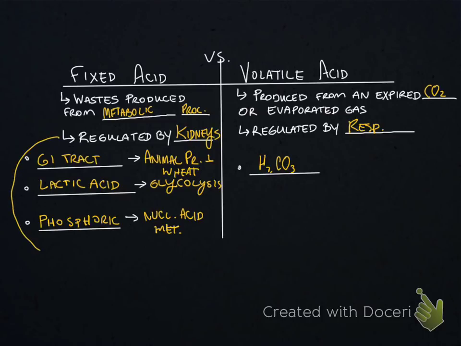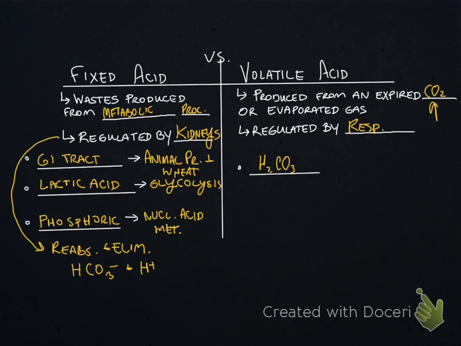So this is regulated by the kidneys, which reabsorb and eliminate bicarbonate and hydrogen ions, and volatile acids produced from CO2. Okay? So make sure that you understand that, which falls in which category. Now we can move on to your acid-base disturbances and problems.